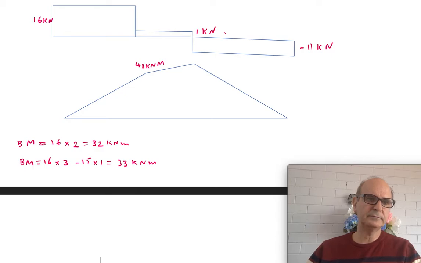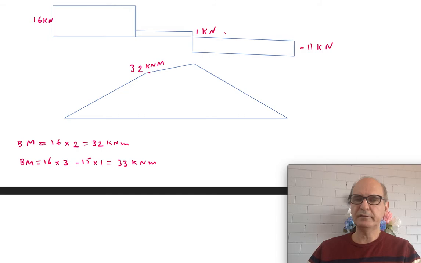So that should be 32. This height is 32 kilonewton meters. Then when the other force, the 15 kilonewton, comes in, it takes away some of the moment because it's in the opposite direction.